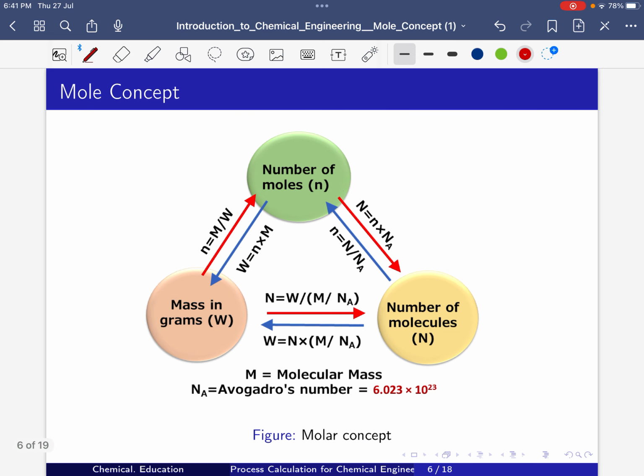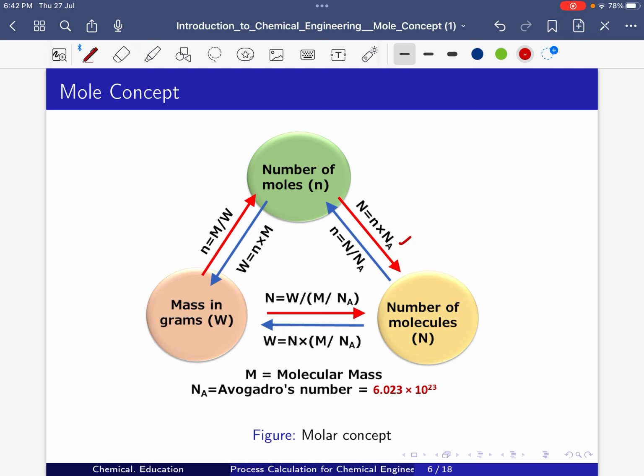Now here are the formulas. n is w by M, and w is n into M. From this correlation we can get the formulas. The number of molecules N equals the number of moles n times Avogadro's number, and the small n will be the number of molecules divided by Avogadro's number. So these are the formulas.